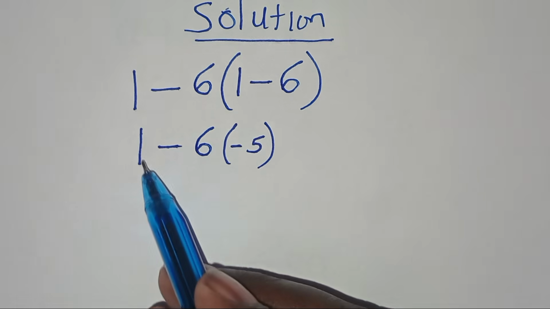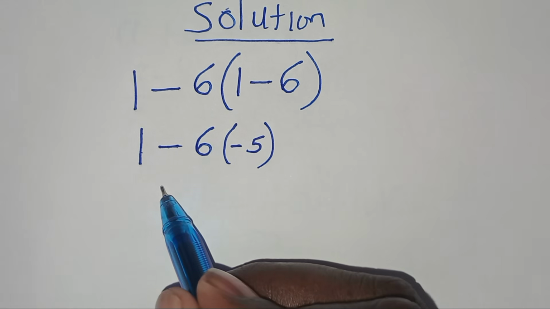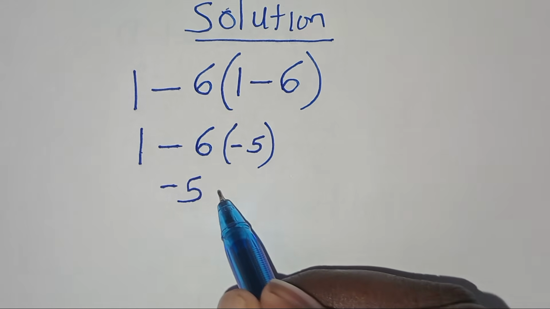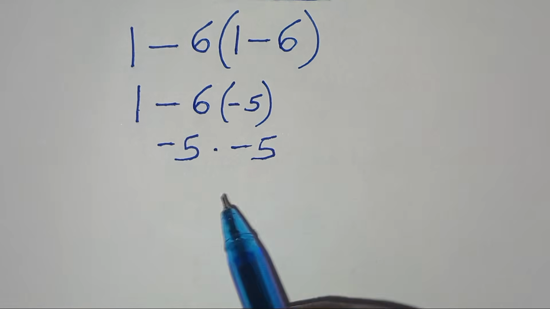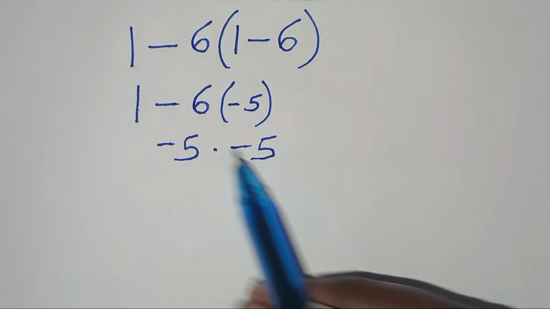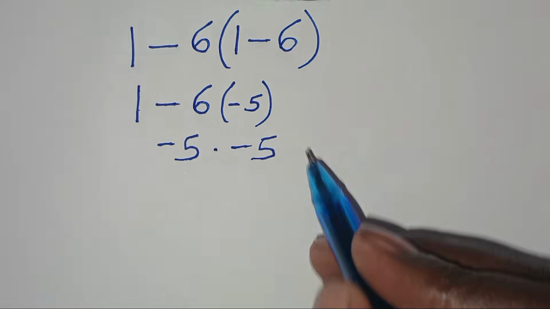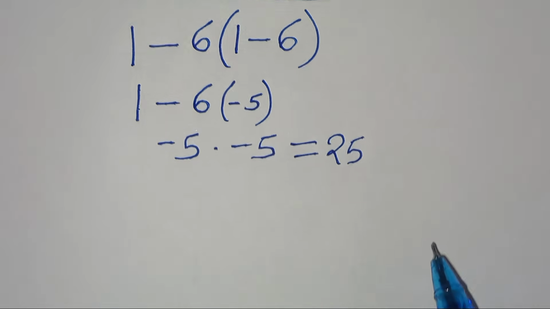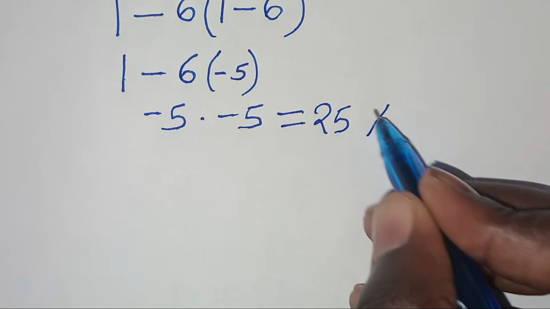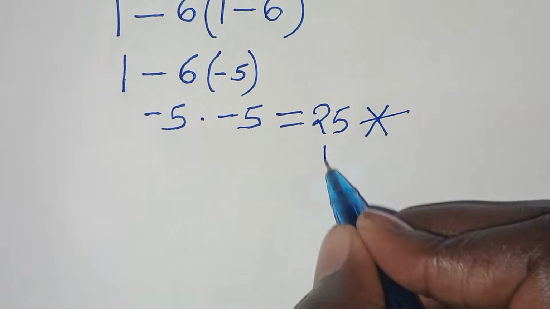So this is minus 5 multiplied by minus 5. Minus 5 times minus 5 is equal to 25. And you find that this is not the solution to this problem.